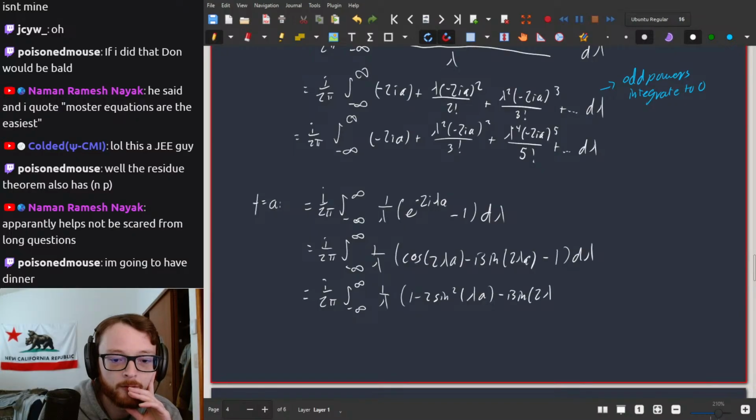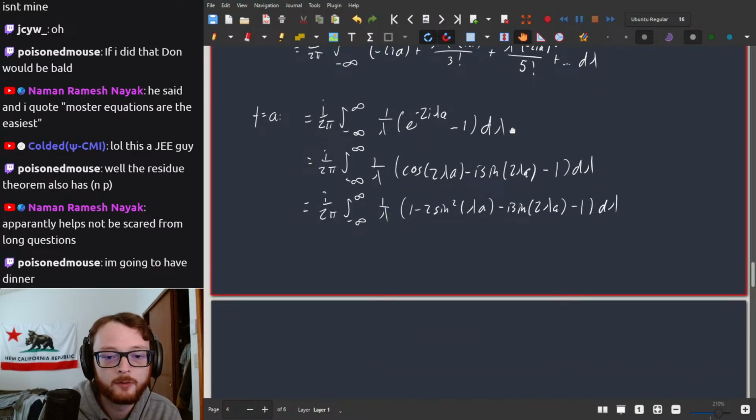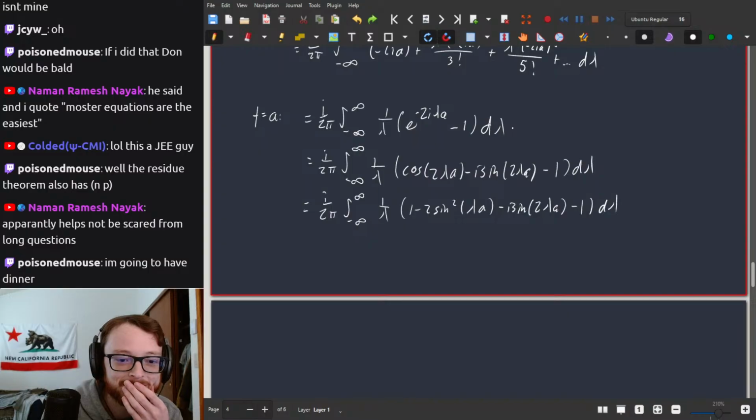We'll leave this other sine alone for now. So the point is these ones go away. And does sine squared integrate to 0? Ooh.